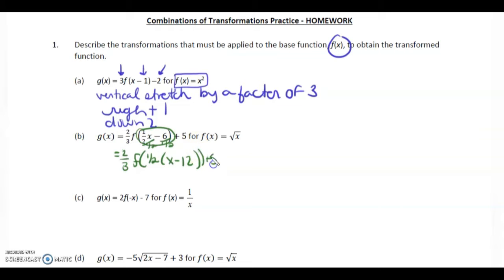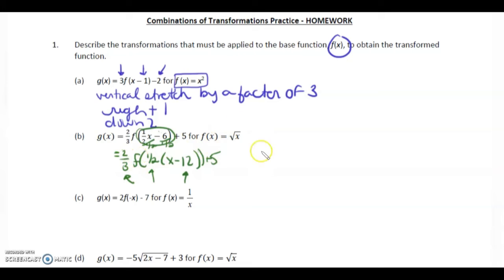And at that point, we can state all the transformations. It has to be in this factored form in order to actually read the horizontal reflection or stretch or compression correctly. What's going to actually change is that third number. So this -6 changed to a -12. That's the one that you're going to go wrong with.